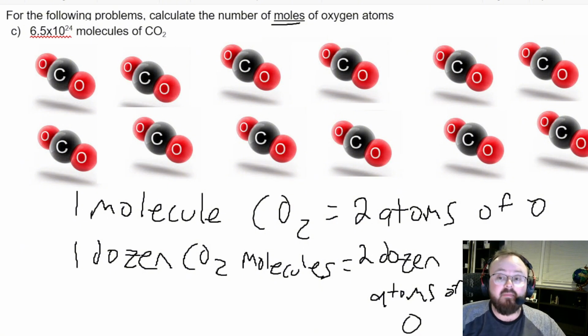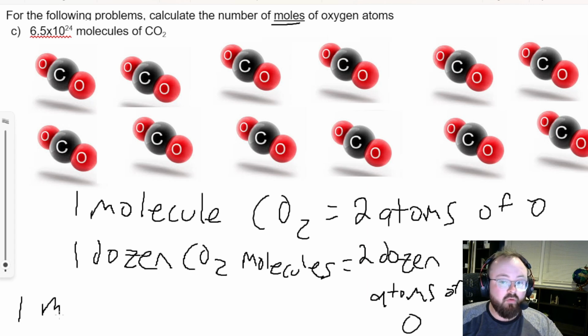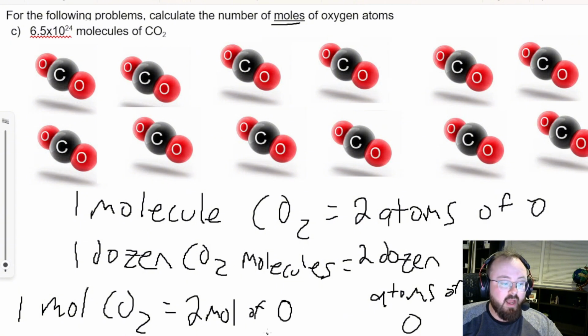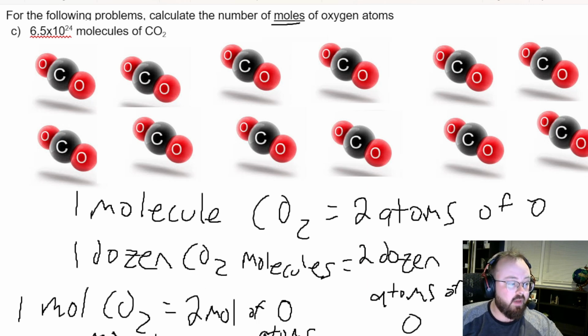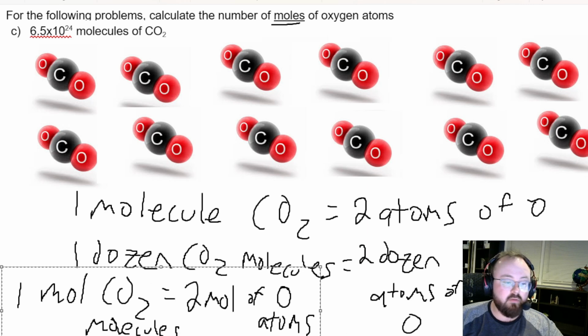Now, I cannot do the same thing with a mole, because a mole is a very, very large number, and I don't think I have enough computer space. But the same idea applies here, that if I have 1 mole of CO2, then that is going to equal 2 moles of oxygen atoms. 1 mole CO2, and we're talking about molecules in this case, but we can distinguish between molecules or atoms, doesn't really matter.